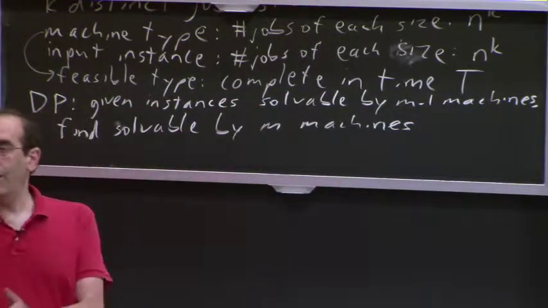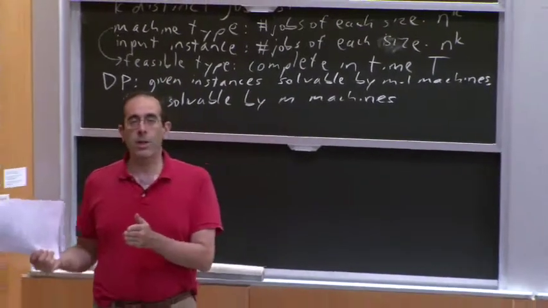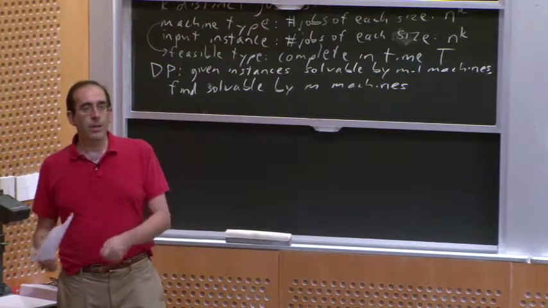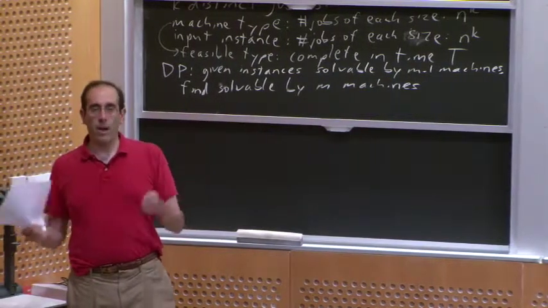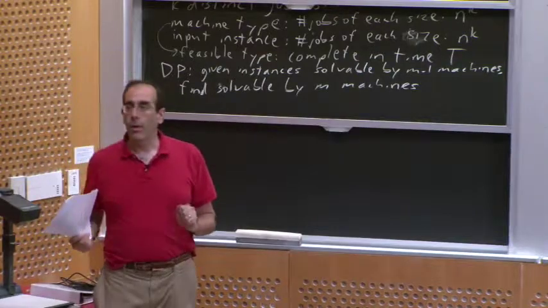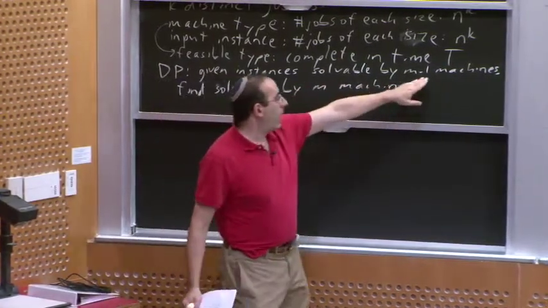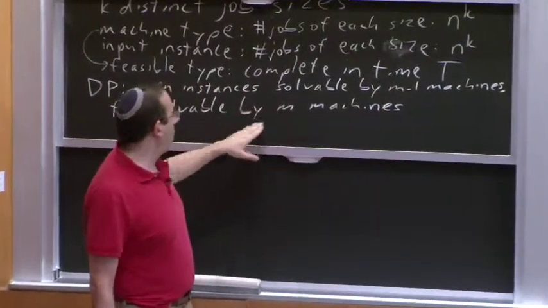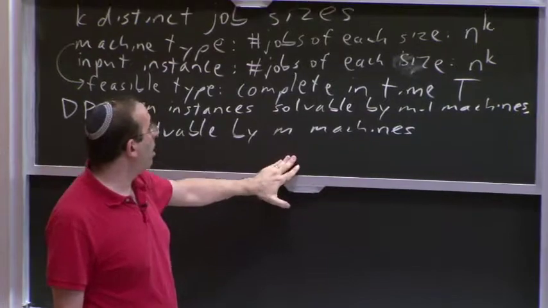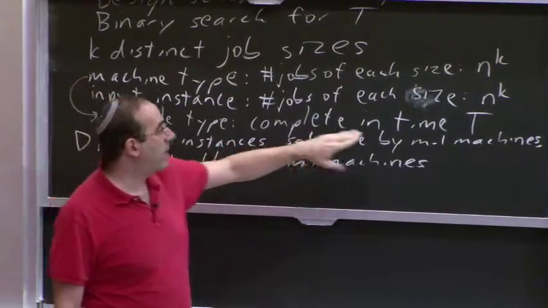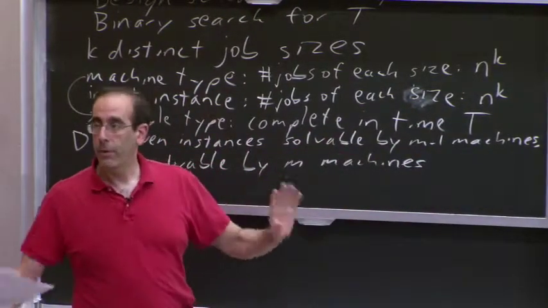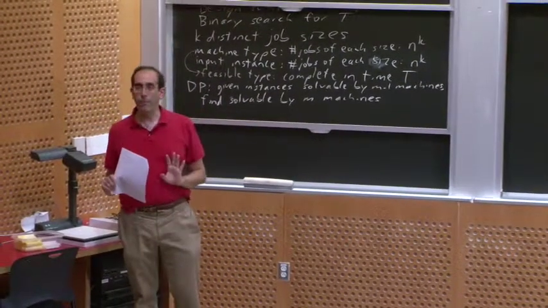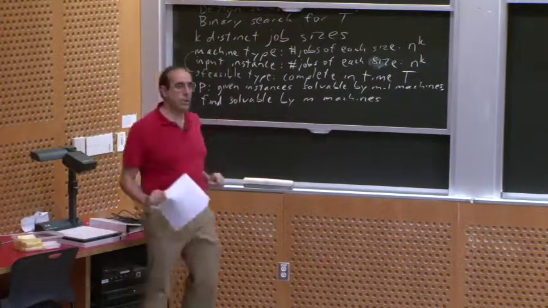All we do is we take each of the instances that's solvable by m-1 machines, and we try adding each feasible machine type. And this gives us a new set of jobs that we can solve in time t using m machines. So if we do this for all of the m-1 machine solutions, then we end up with all of the m machine solutions. In other words, we find all of the instances that can be solved in time t using m machines. So is that clear? That's where we left off last lecture. I want to pick up from there. Okay. No questions about that?